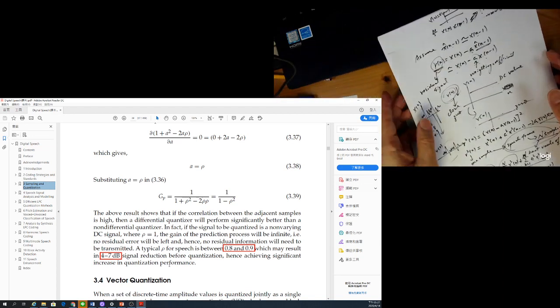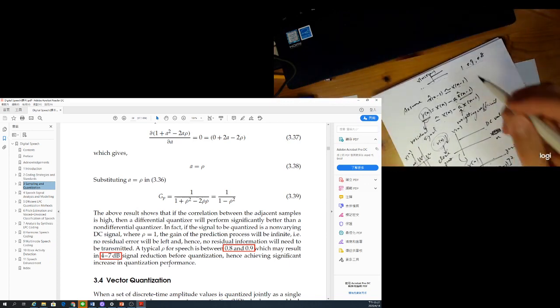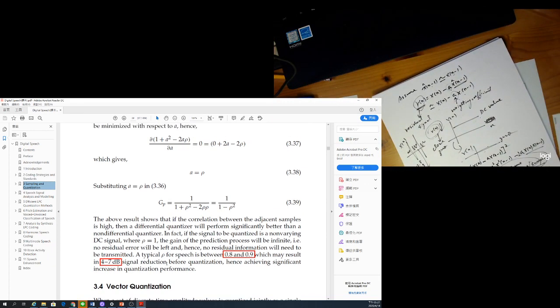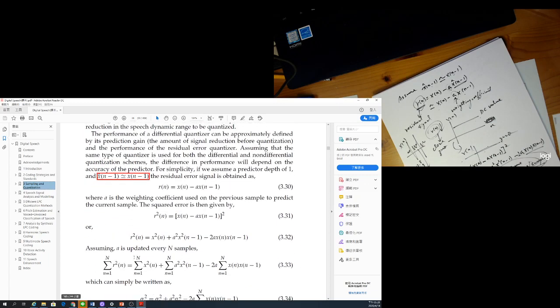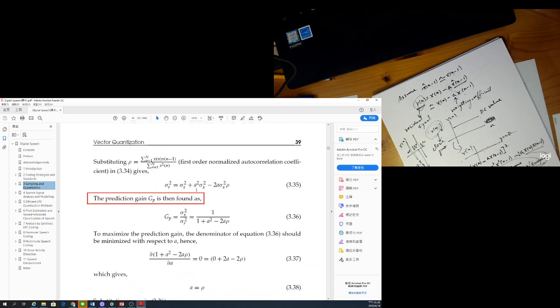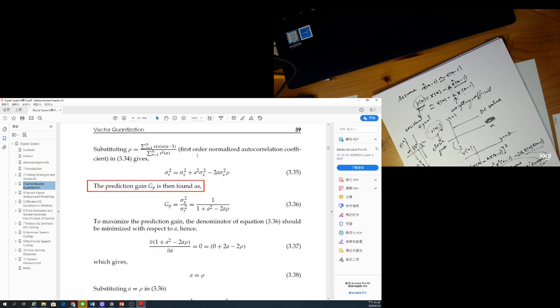This derivation tells you that if you do just one-order prediction, with predictor depth 1, the best A is this normalized autocorrelation coefficient, which does a good job.